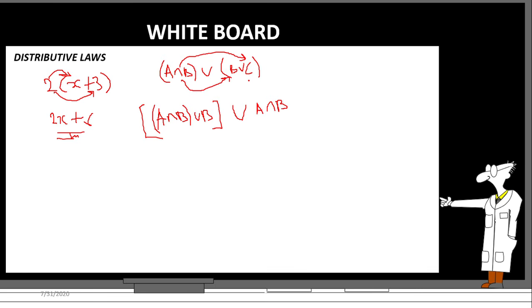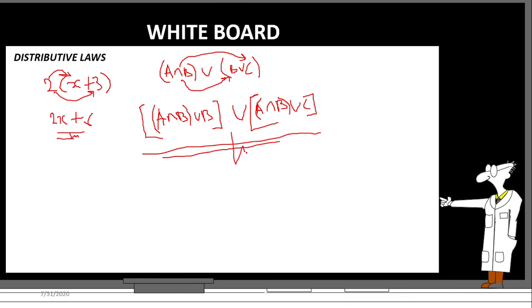Then it will be union C. So the same thing which we are going to do like this. So that's how we answer. We answer like this. That's how we distribute a set.